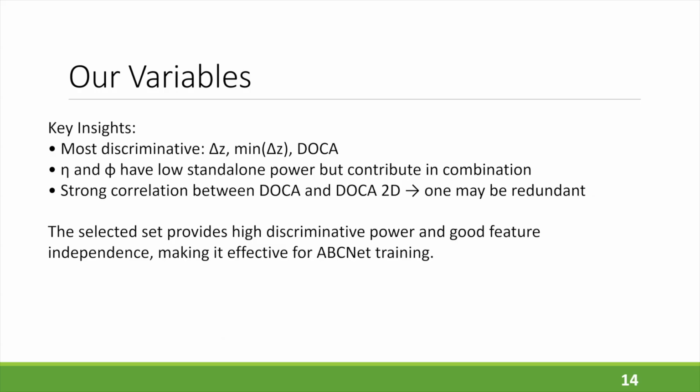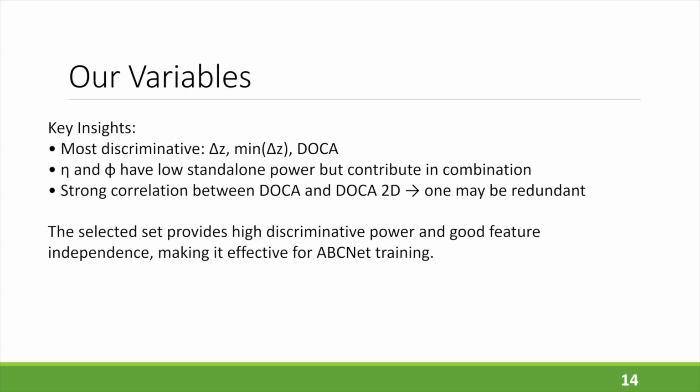The main idea from the matrix is that the most discriminative are delta z, minimum of delta z, and the DCA parameters. Eta and phi have low standalone power, but contribute in combination. Also, as I said, there is a strong correlation between DCA and DCA 2D.